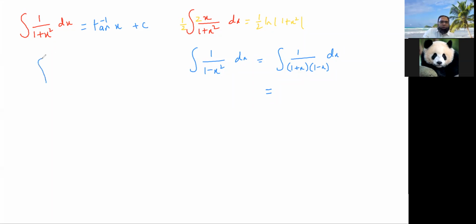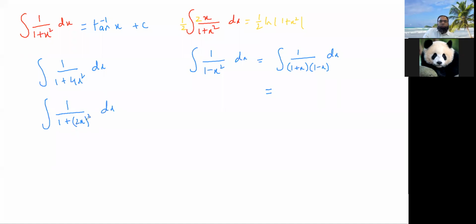You have to integrate 1 over 1 plus, let's say there is 4x squared. Okay, so this should be in the form 1 over 1 plus x squared. So how would you integrate this? You will have to write it as 1 over 1 plus 2x whole square.